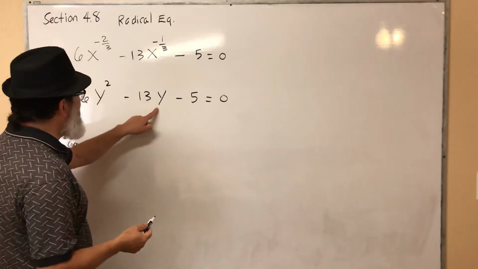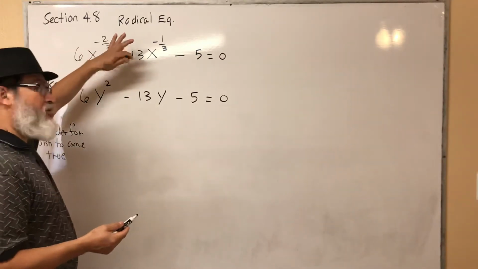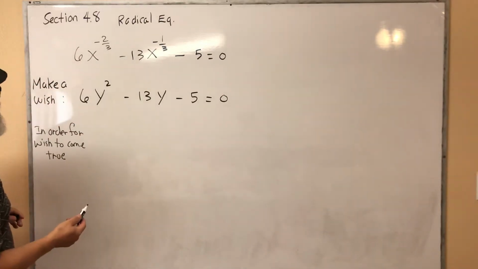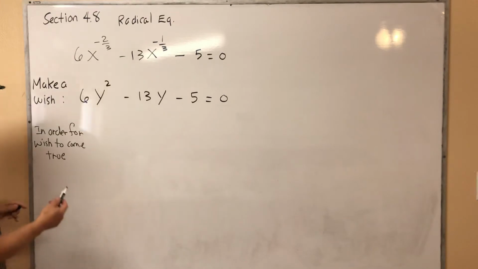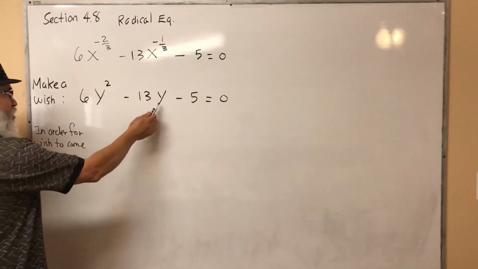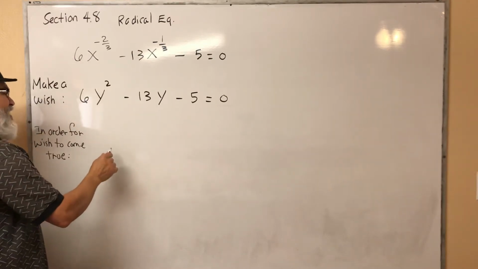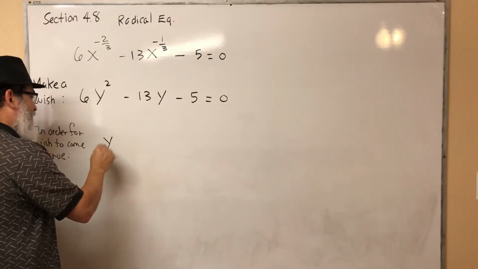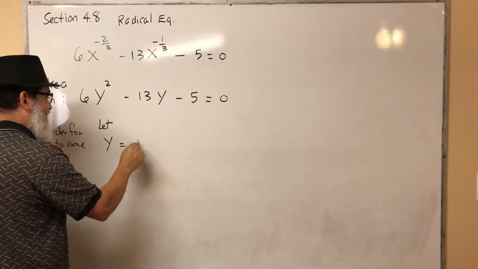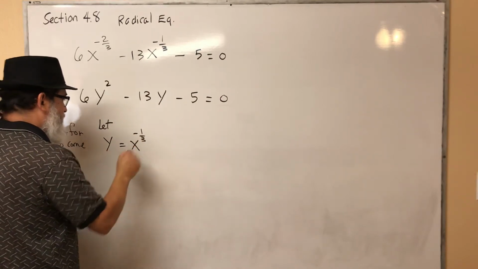Go to the middle term. By the way, you have to have it in descending order, okay? Go to the middle term and say, let y equal x to the negative 1/3.